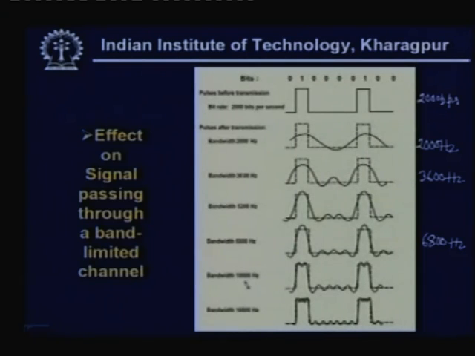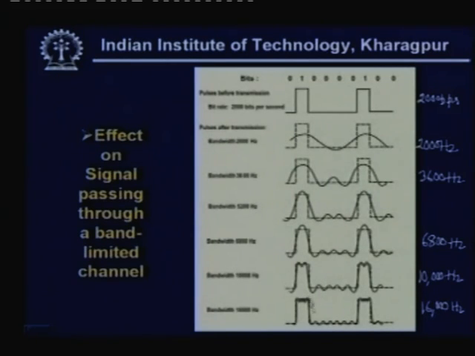Now we increase the bandwidth to 10,000 Hz. We find a signal which is very close to the original signal. And now when the bandwidth is 16,000 Hz, we get a very good quality signal, and this will pass up to the 8th harmonic.